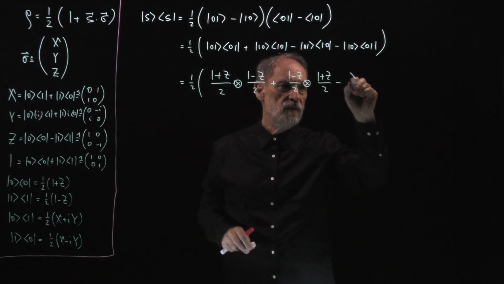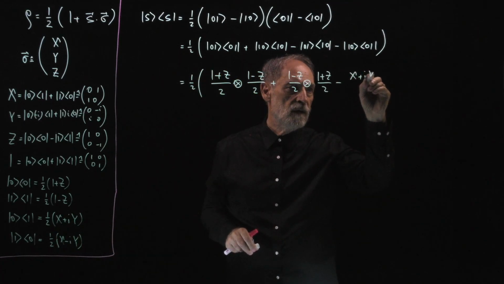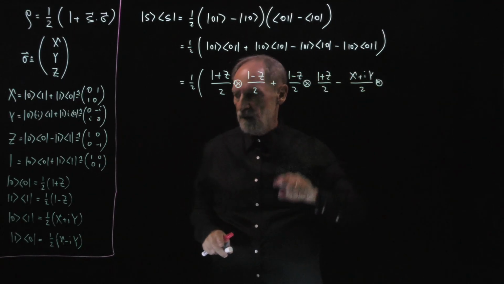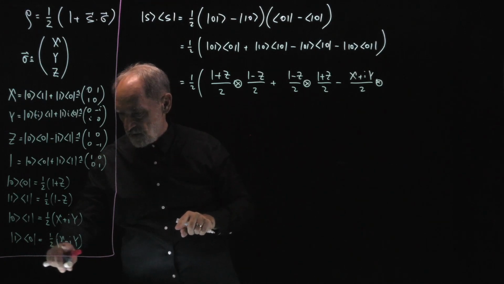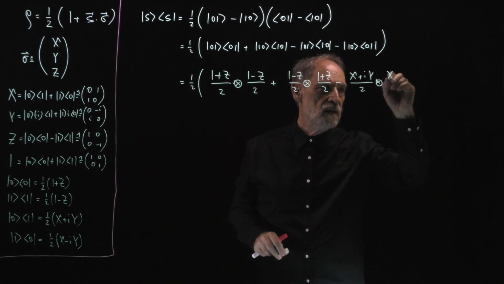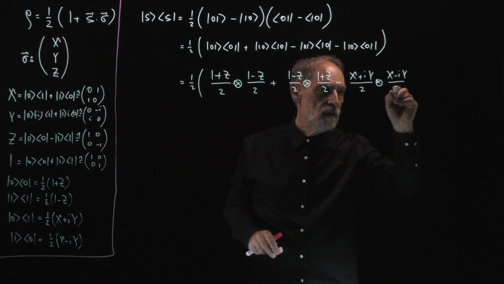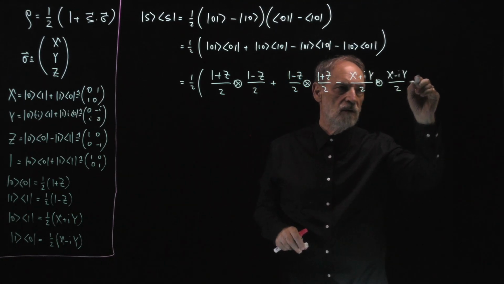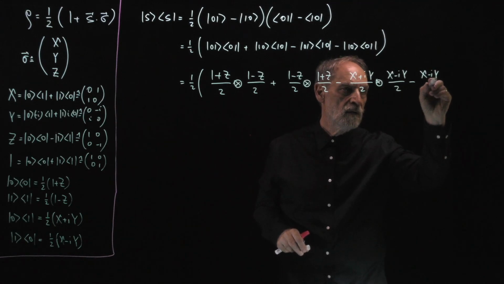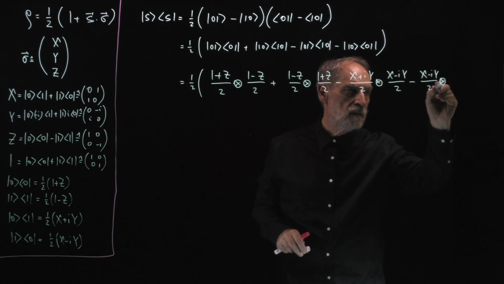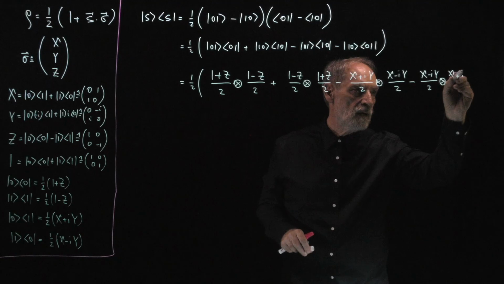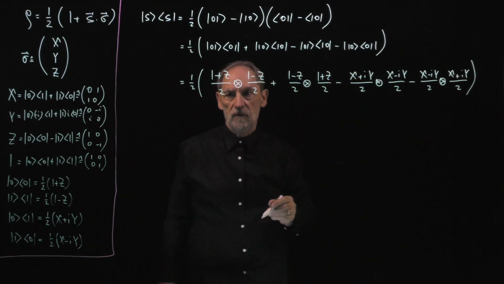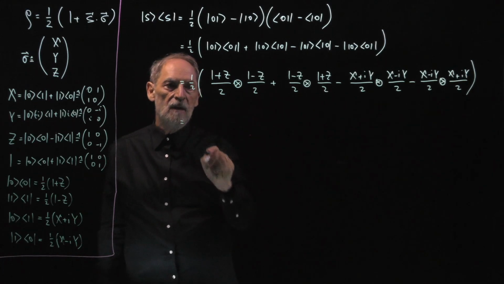So we have negative x plus iy for the first qubit tensor, and it's 1, 0 for the second qubit. 1, 0 for the second qubit is x minus iy for the second qubit. And the last term has just the roles interchanged. So the last term will be x minus iy tensor x plus iy for the second qubit. And so now we have to collect the terms.